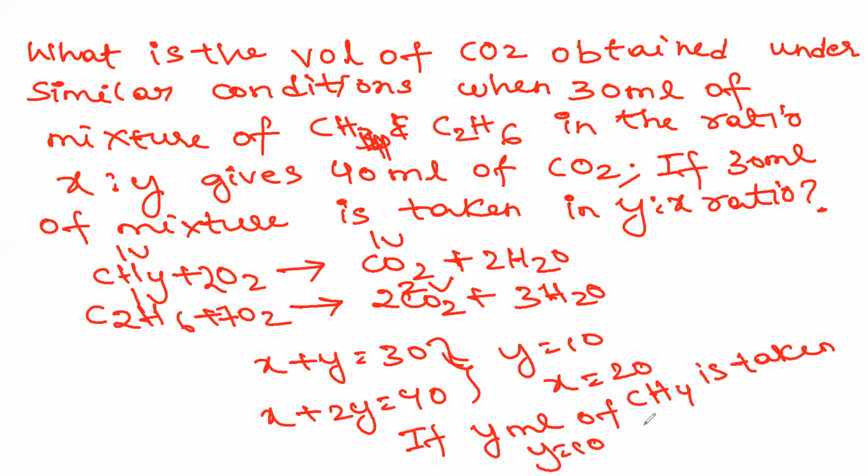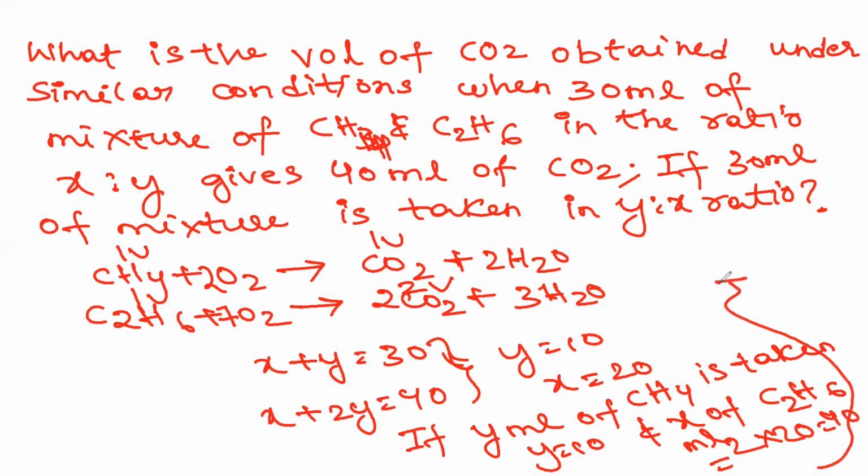And x ml of ethane, C2H6, is taken. Since for ethane the equation requires 2 moles of carbon dioxide, x is 20, so 20 into 2 is 40. So by this, you can say 10 ml from y and 40 ml from x, so 50 ml of carbon dioxide is formed in the second case, that is Y is to X. So this is the answer.